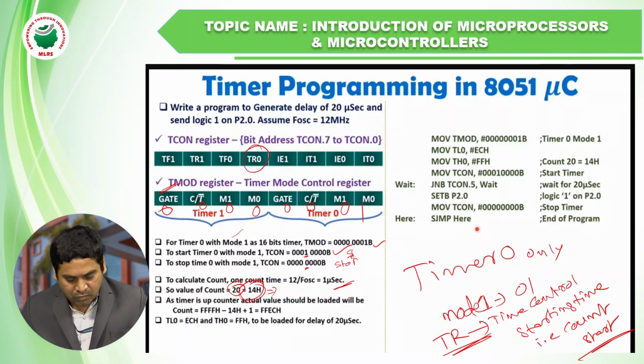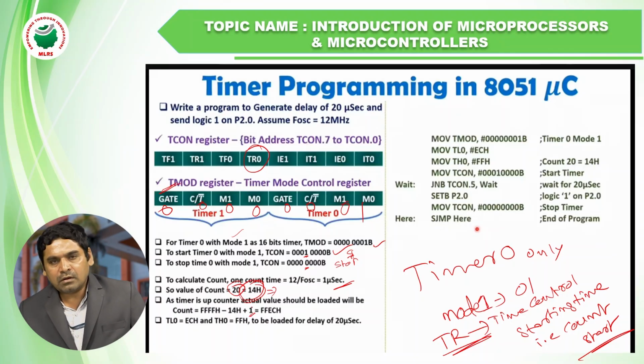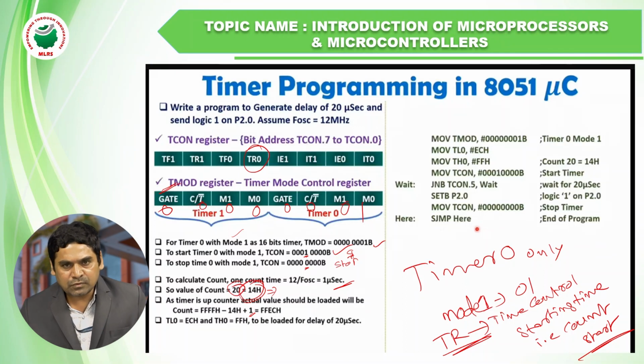We know the formula: count equals FFFFH minus the count value, and we add plus 1 to cause the interrupt. So the equivalent value is FFECH. In that, EC is the lower byte and FF is the higher byte.